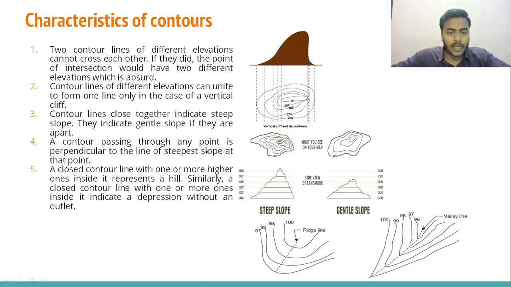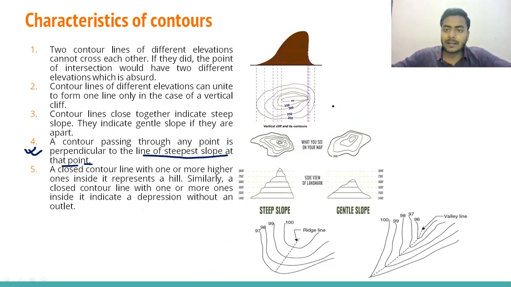The contour passing through any point is perpendicular to the line of steepest slope at that point. This is important. How is it happening? A contour line passing through a point is perpendicular to the line of steepest slope at that point. Why is it happening?